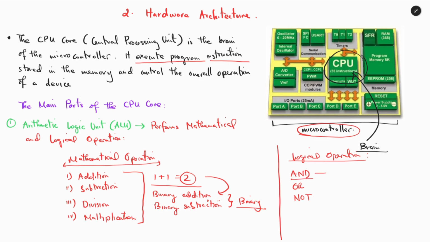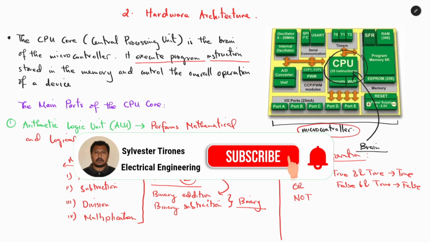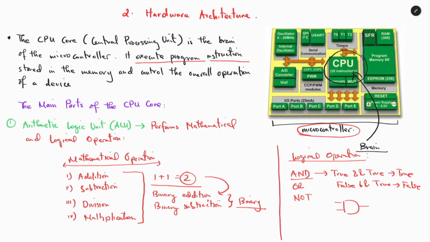For the AND operation, if we have true and true, the output will be true. And if we have, for example, false and true, we should have false. It follows the AND gate, where if we have true and true, the output will be true.